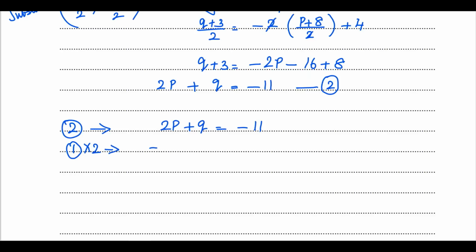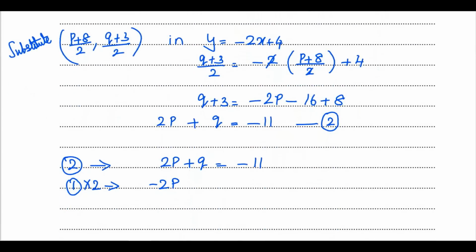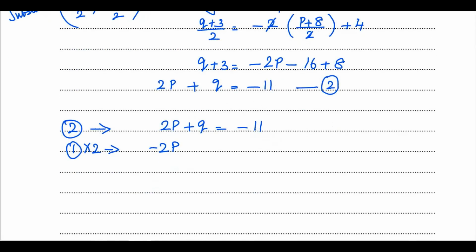So we will get negative 2p plus 4q equals negative 4. When you add, you will get 5q equal to minus 15. So q is equal to negative 3.